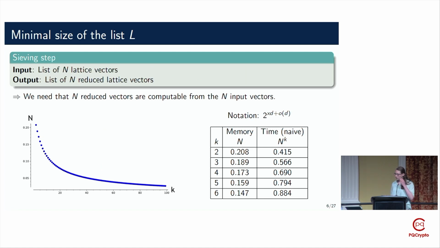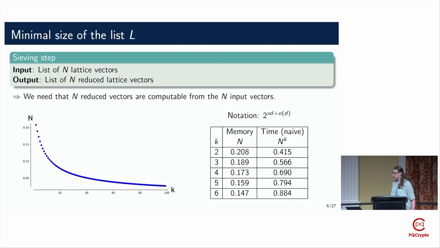If you look at the sieving step, we actually need that the n radius-R lattice vectors are computable from the input vectors. There is a theorem that gives us the minimal number n we need to have this property. And we see that the minimal number of vectors in the list decreases with the number of vectors we sum together, k.